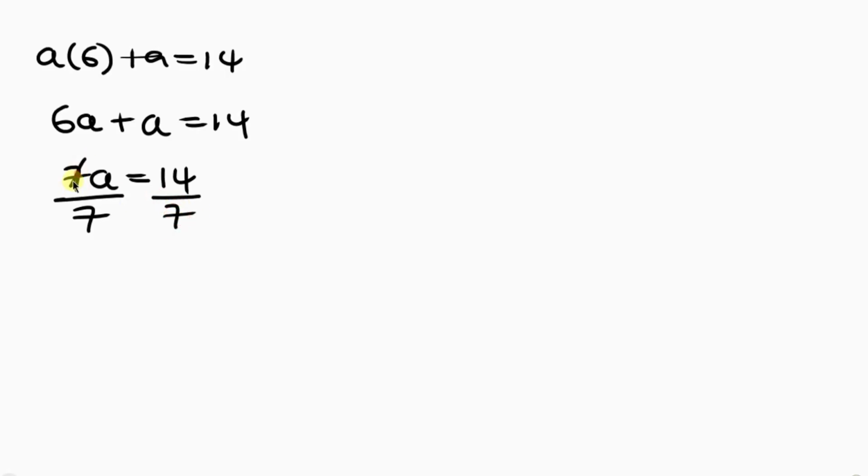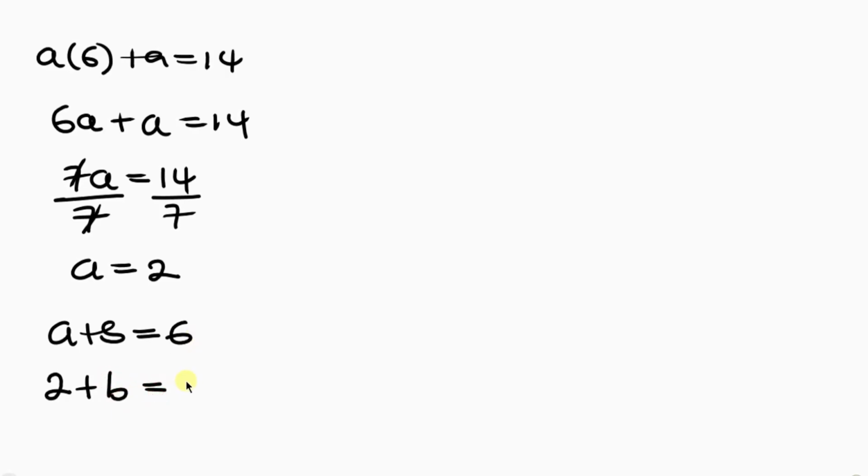So 7 cancels out 7 from here, leaving behind a equal to 14 divided by 7, which is 2. Now recall that we have a plus b from our previous slide to be 6. To get the value of b, we just have to substitute a here.